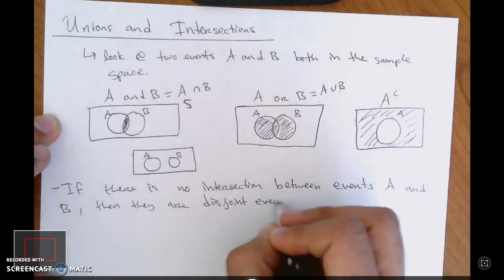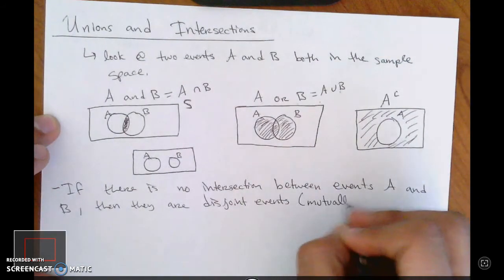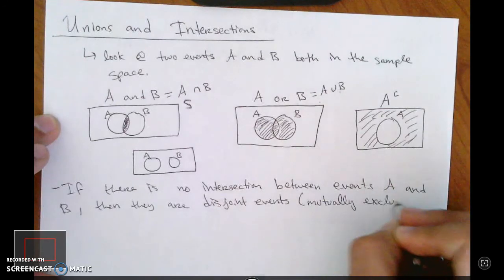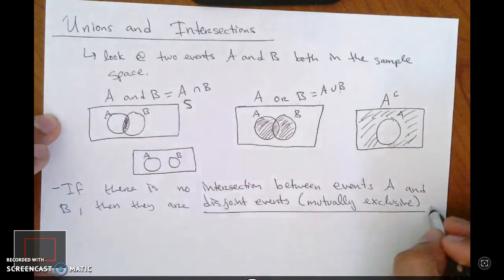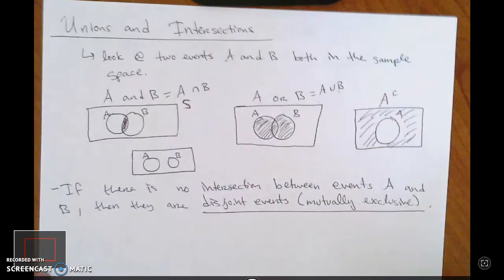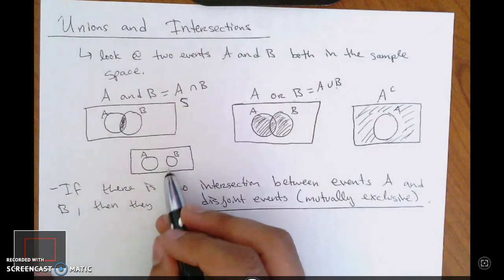Another word for it is mutually exclusive. That's a nice definition for you. If they don't intersect, they have nothing in common, then they are disjoint events.